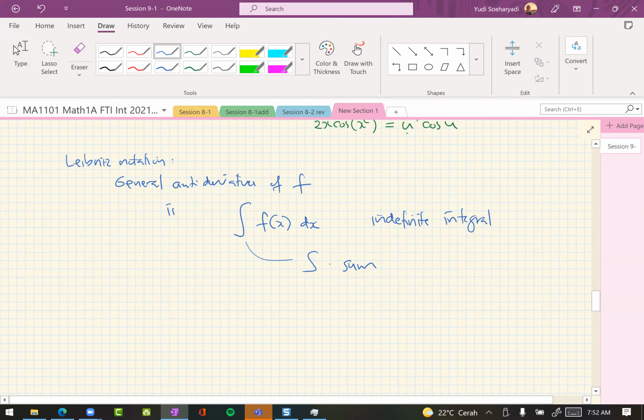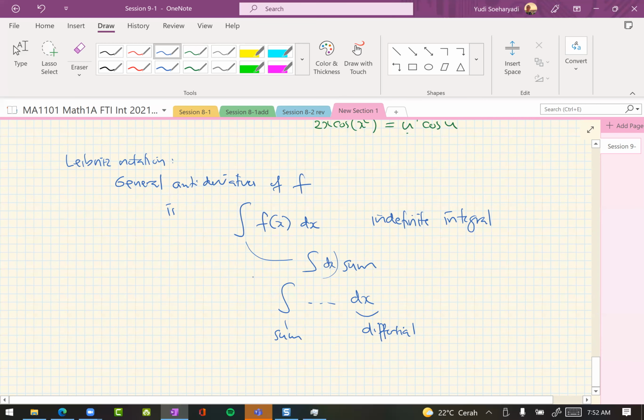Why is this notation here? And dx, we know that dx is a differential. So we're summing differentials and we get the whole thing again.